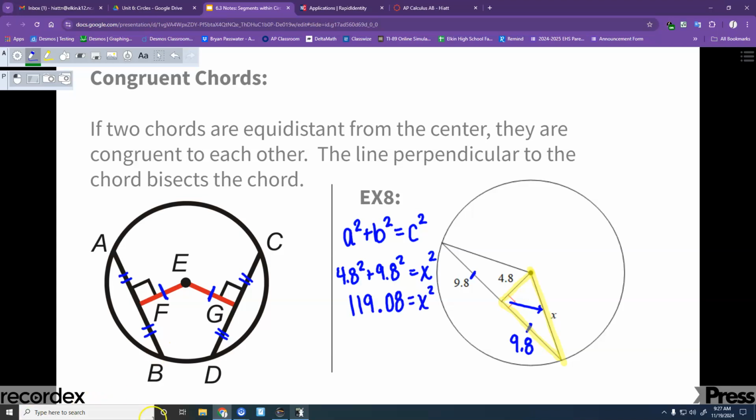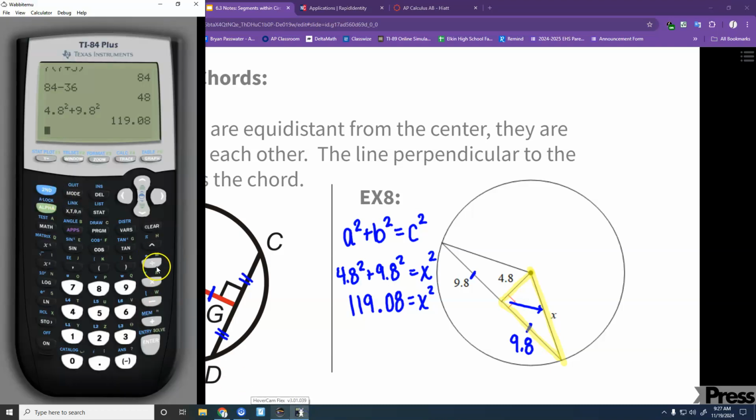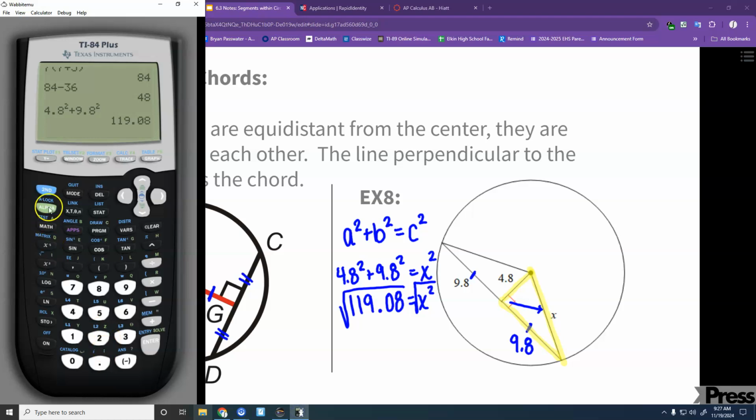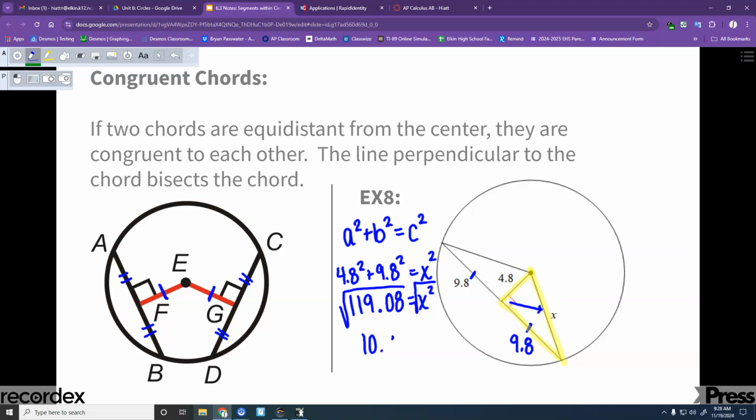And then, what am I going to have to do to solve that? Square root. To get rid of a square, we square root. So square root 119.08, and we get 10.912. Let's go 3 decimal places. 10.912 is our X.